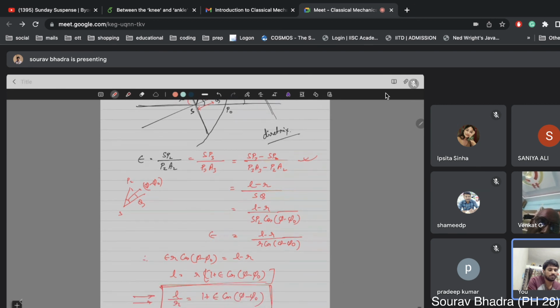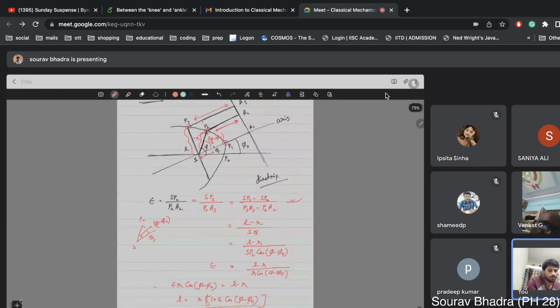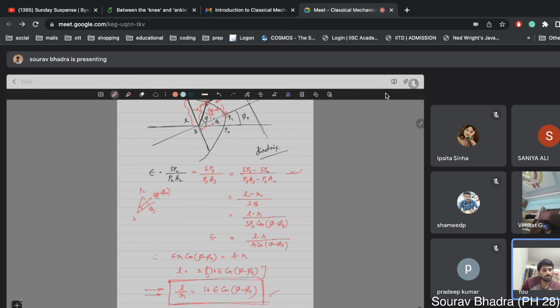But just remember these two things: L by R equals 1 plus epsilon cos(phi minus phi 0), the most important thing of this central force problem, which you will deal with repeatedly, because by solving your equation you will always get a path that follows a conic, whether it is an ellipse, parabola, hyperbola, or circle.